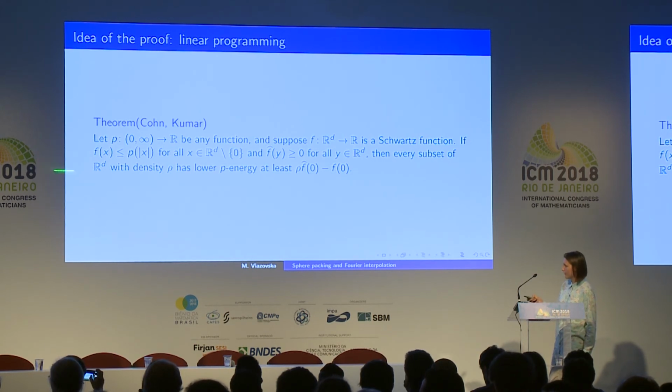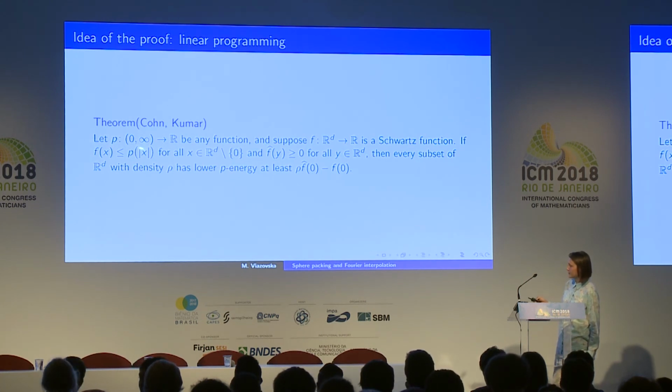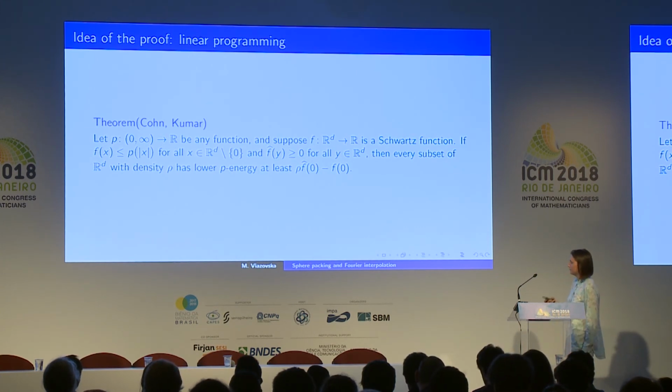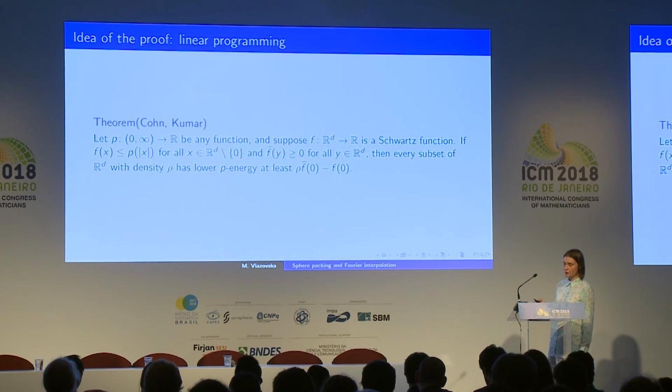First, f does not exceed our potential P, and its Fourier transform is non-negative. Then if we have constructed such a function, we know that the P energy of any configuration of density rho has to be at least rho times the Fourier transform of f at 0 minus the value of f at 0.